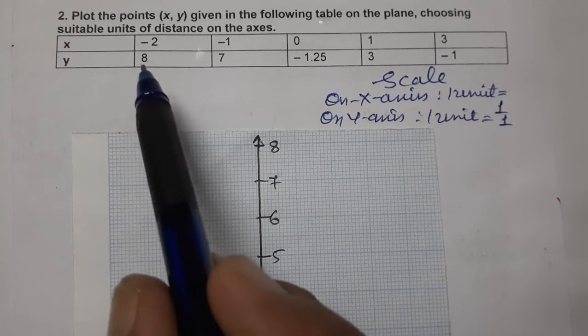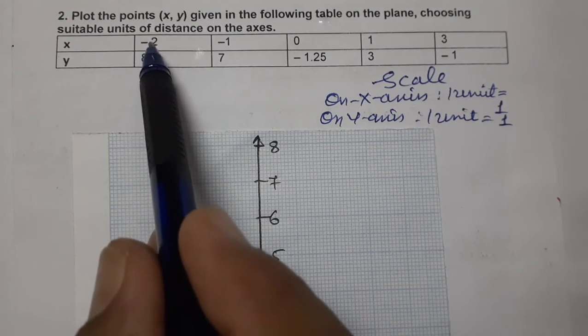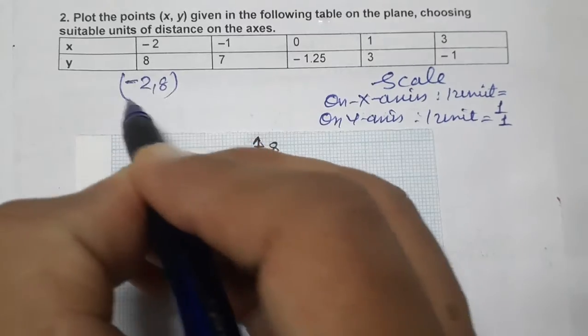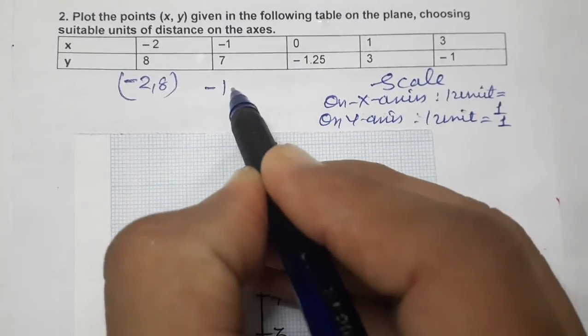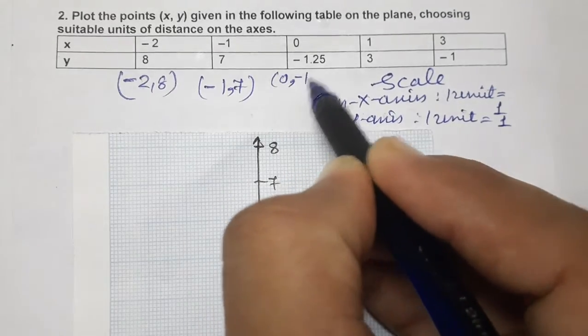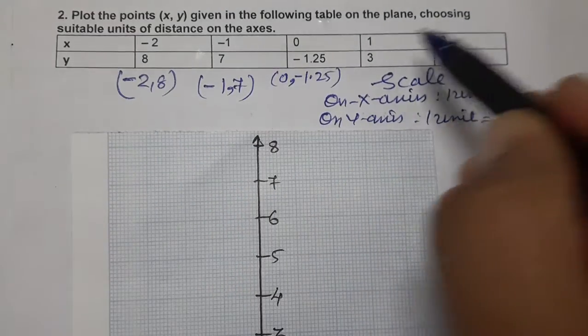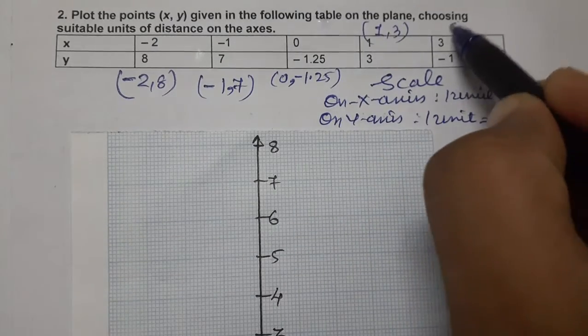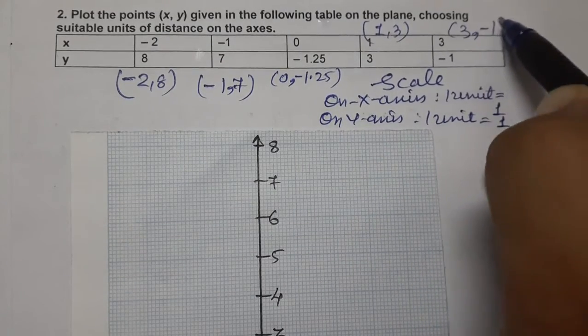So let's plot the points. Our first point is minus 2, 8. Then minus 1, 7. Then 0 and minus 1.25. Then we have to plot 1 and 3. Then we have to plot 3 and minus 1. So let's plot all the points.